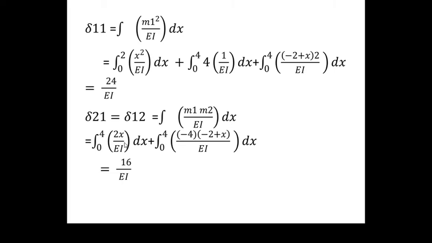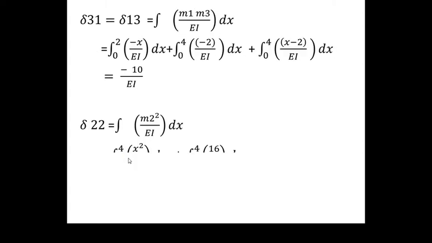We integrate this with limit 0 to 4, we are getting 16 by EI. This is delta 21, or delta 12 is the same. By Betti-Maxwell formula we can get this value. Otherwise, for delta 21 we can multiply m2 into m1 and integrate, the same answer will be obtained here also.